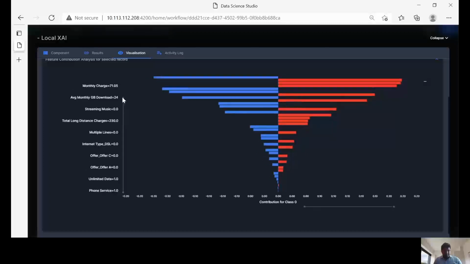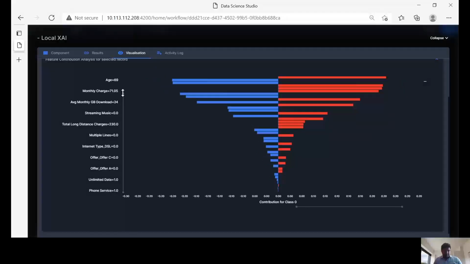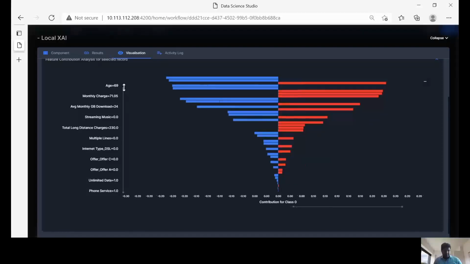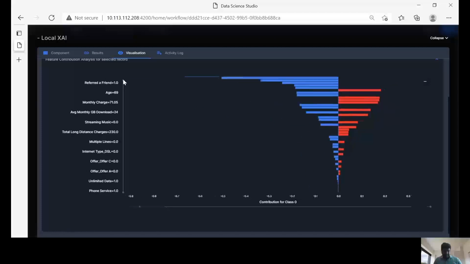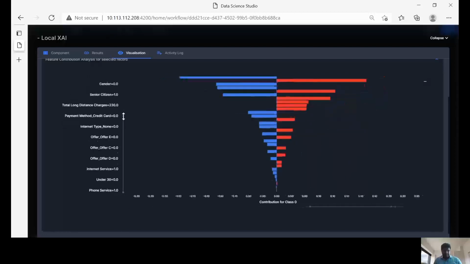What might be happening is the satisfaction of this customer may be low, but he's been a customer of long tenure, and he's a very senior customer, having an age of 69. The monthly charges seem to be close to or less than average. The referrals are there. I think these characteristics are basically making the model decide that this customer is not likely to churn.